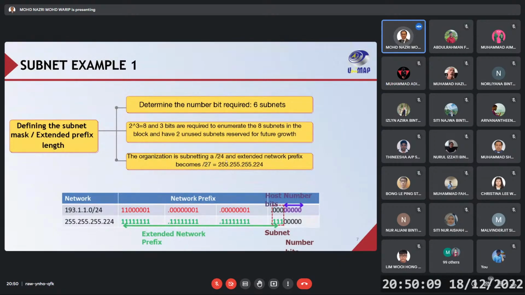Do you understand what 27 is? Do you understand how we get 27? 24 plus 3, how much? 27. It becomes 27 because remember this is a 24-bit prefix, so plus the 3 bits you require for the additional subnets, 24 plus 3 you get 27. So what does 27 mean? Look here.